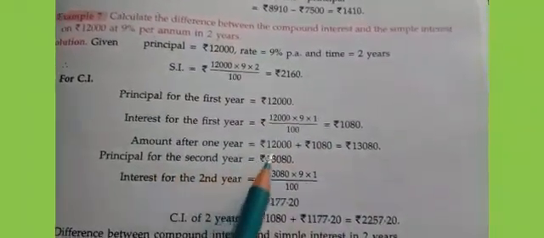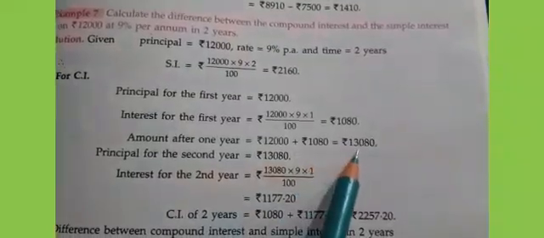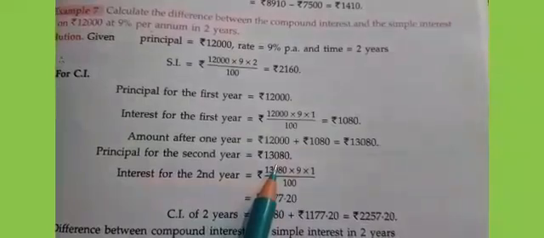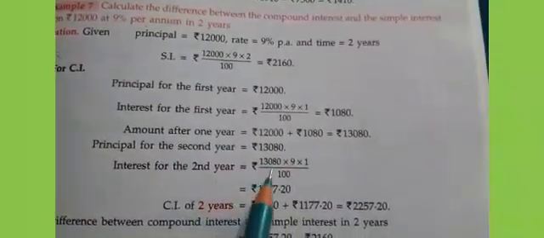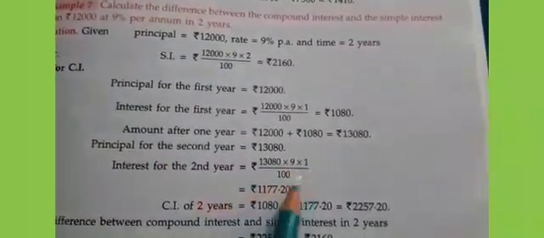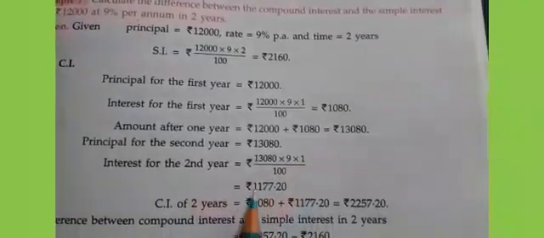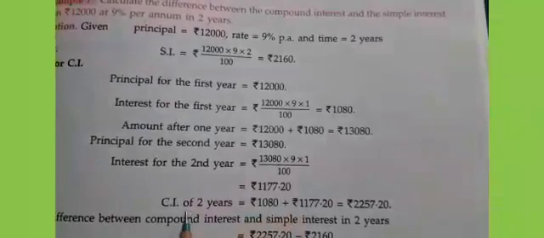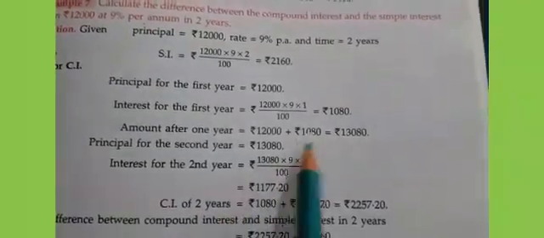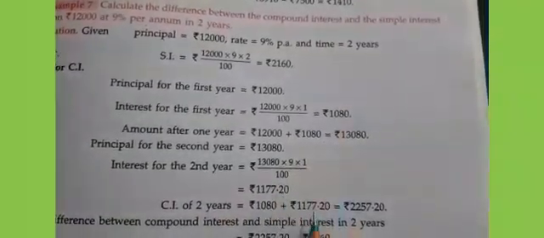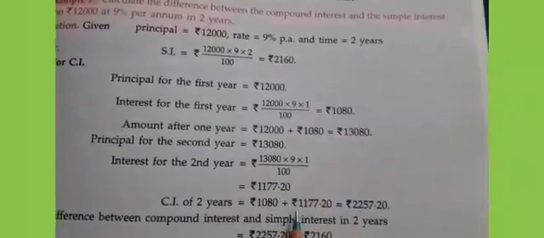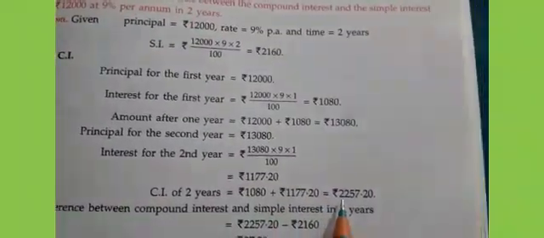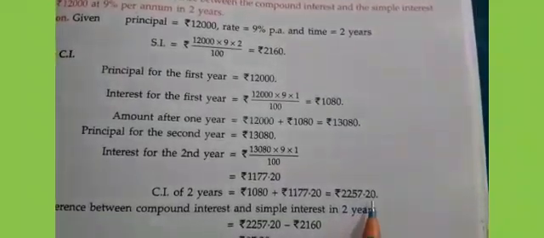Now amount after 1 year will be 12,000 plus 1080, that is 13,080, and principal for second year is 13,080. Now interest for second year will be 13,080 into 9 into 1 by 100. So here we are getting 1177.20. Therefore compound interest for 2 years will be interest after first year and interest after second year. In this way also you can find the compound interest. So that is 2257.20.